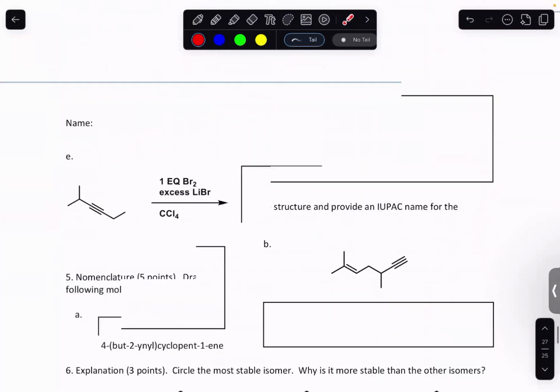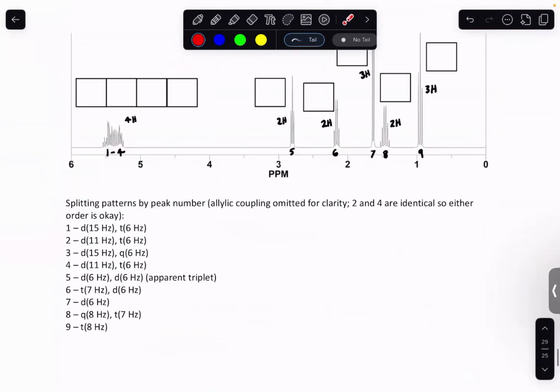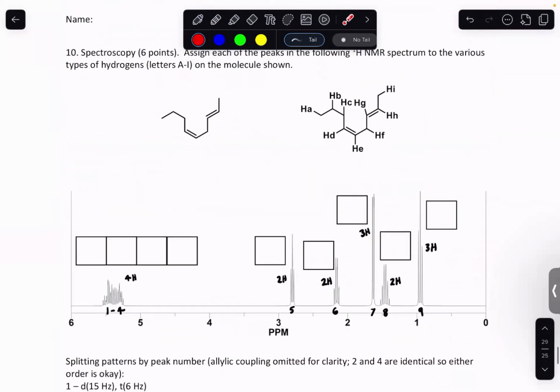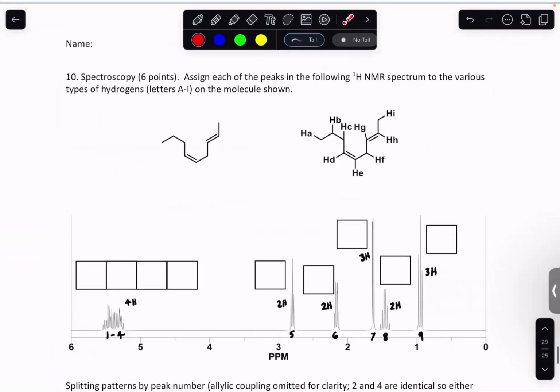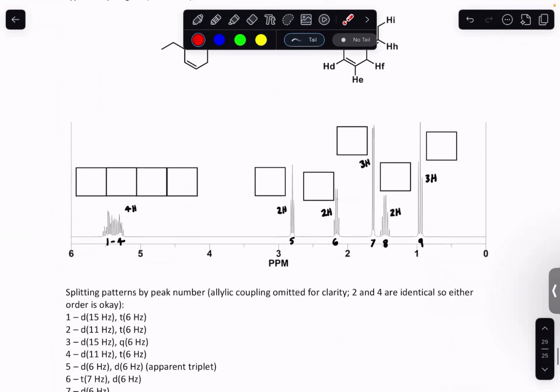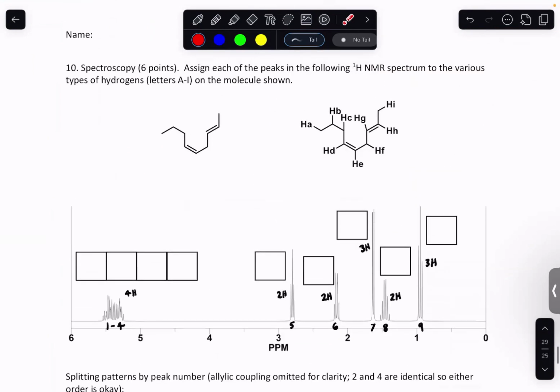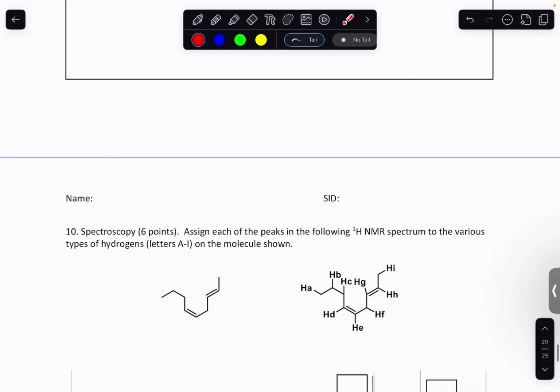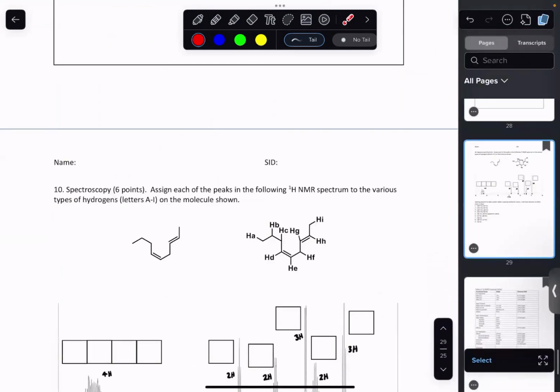Spectroscopy. Octopus. Okay, so for this one here, we have signals 4 to 6, and I want to show you guys what I think about when I think about HNMR.